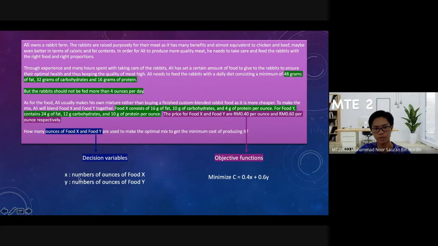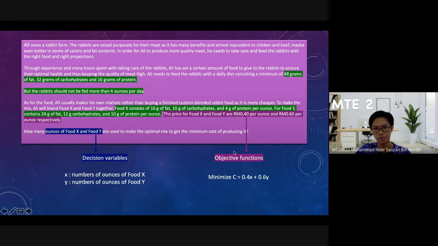X will be the number of ounces of food X and Y the number of ounces of food Y. You can also change X and Y to X1 and X2, but I will be using X and Y in this solution. And for the purple one, the prices for food X and food Y are 40 cents per ounce and 60 cents per ounce respectively.